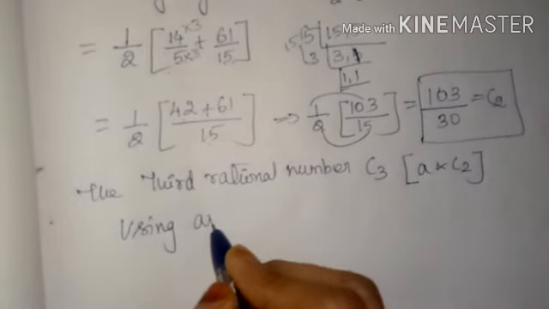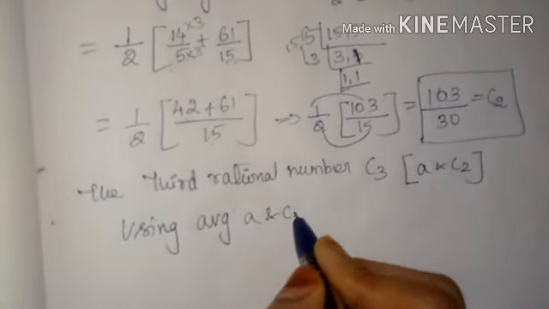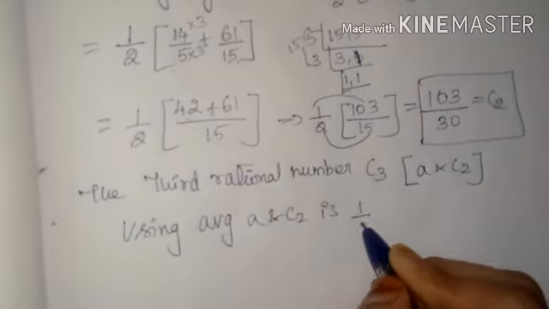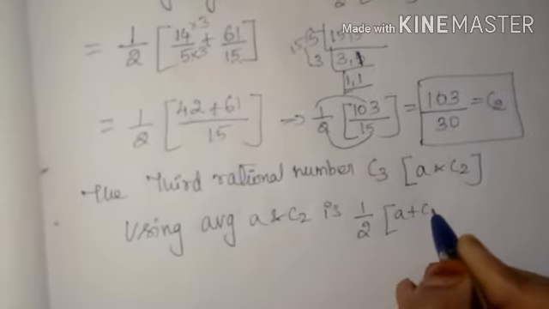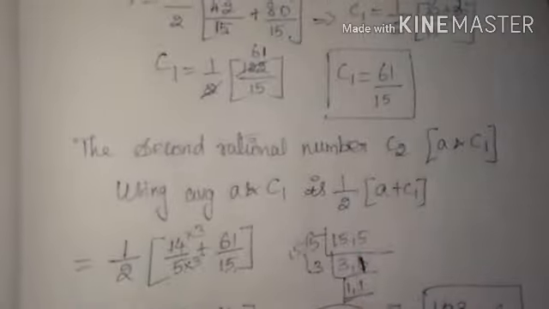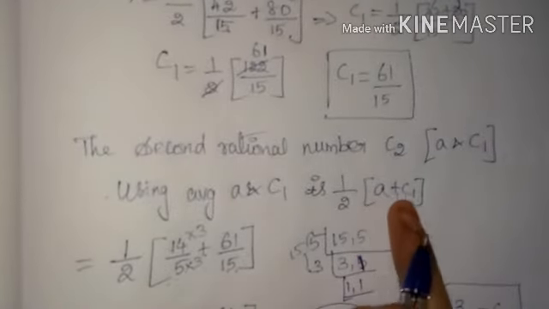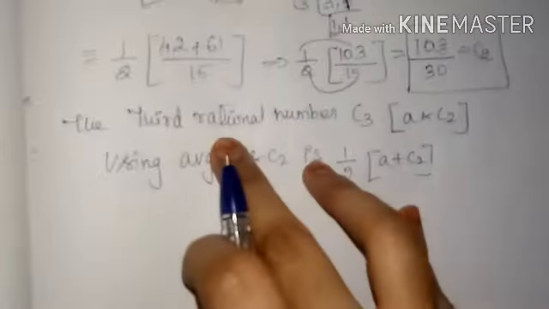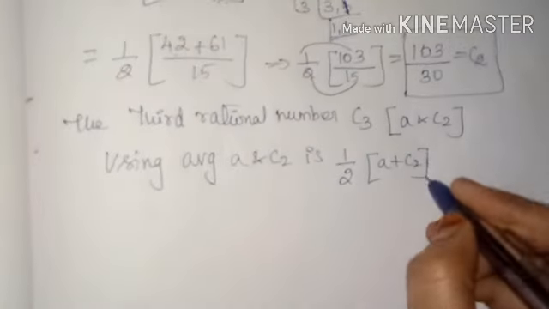Using average, A and C2, what is the formula? 1 by 2 into A plus C2. Earlier we took 1 by 2 into A plus C1, but here A plus C2.